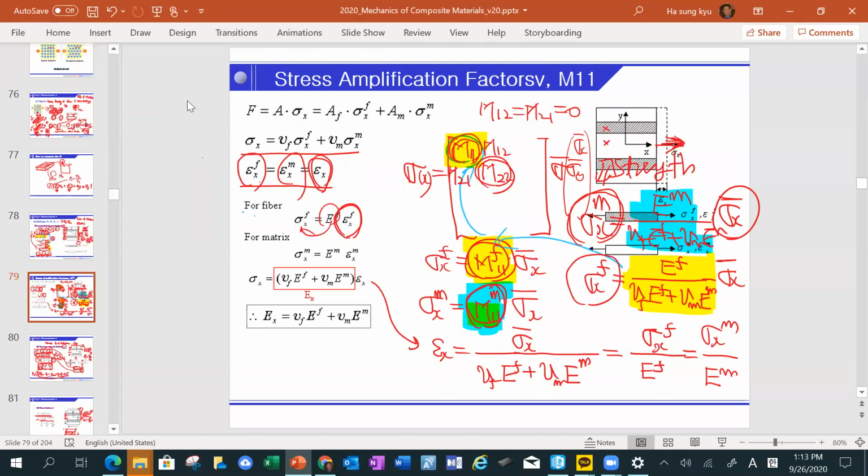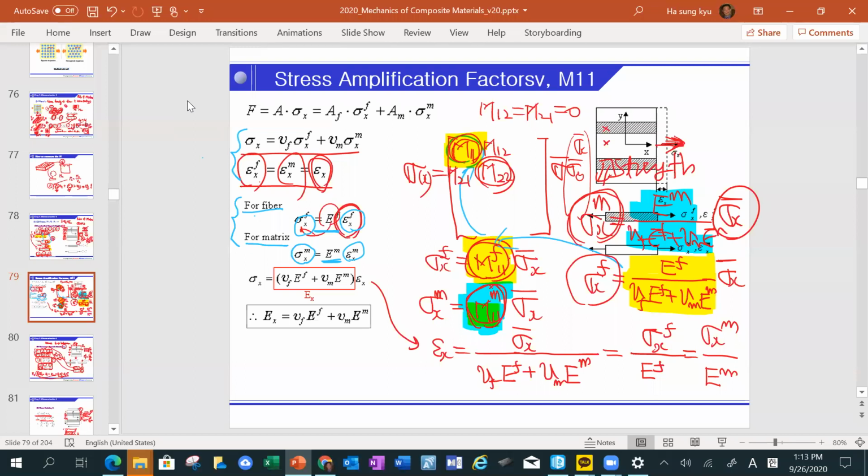For the fiber, we have a constitutive relation between fiber stress and fiber strain, and in the one-dimensional case there is a stiffness. For the matrix, also matrix stress and strain, and this stiffness. So these two equations are the rule of mixtures, and these two equations are the constitutive equations of fiber and matrix.